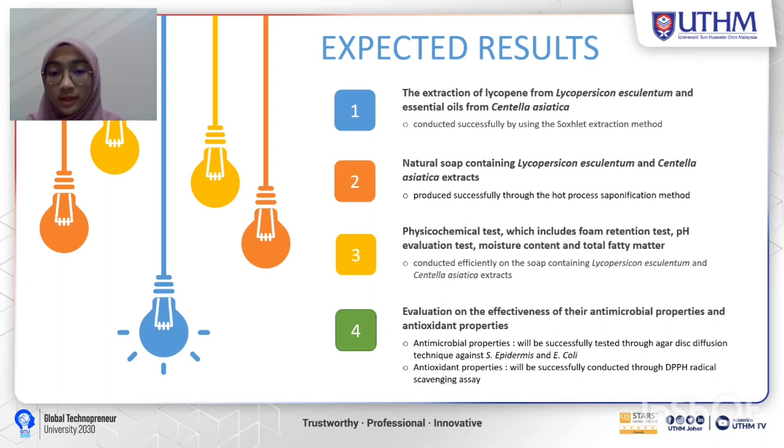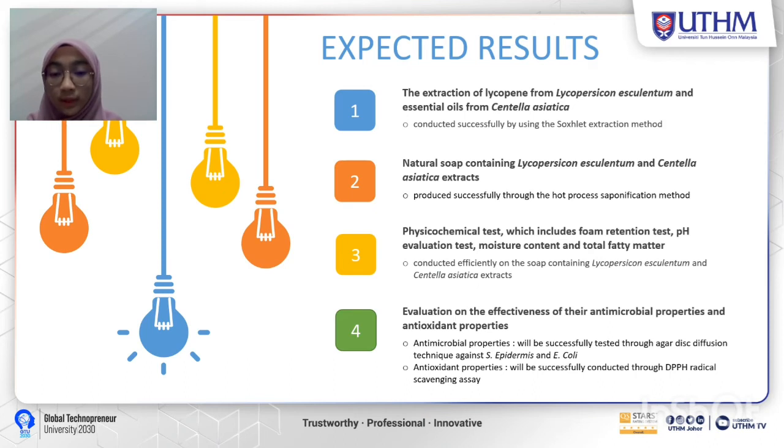Third is the physicochemical test, which includes the foam retention test, pH evaluation test, moisture content, and total fatty matter. It is expected that these tests are conducted efficiently on the soap containing both Lycopersicon esculentum and Centella asiatica extracts. And lastly, the evaluation on the effectiveness of the antimicrobial properties and antioxidant properties.